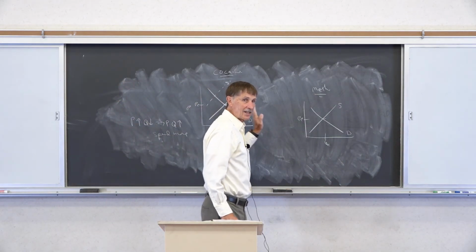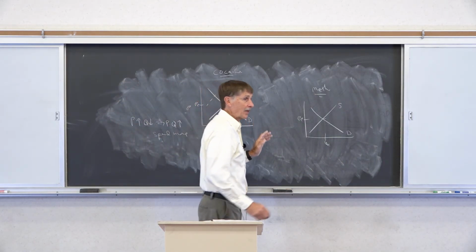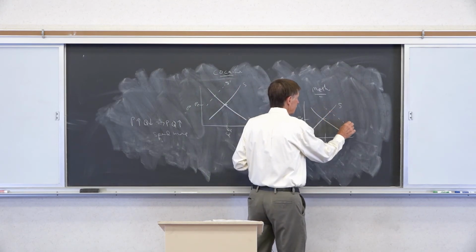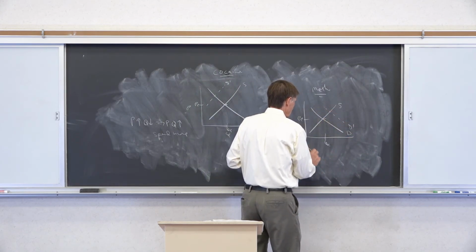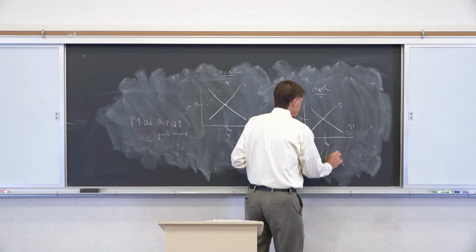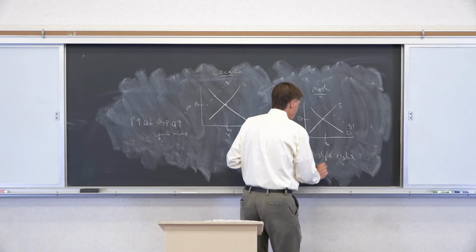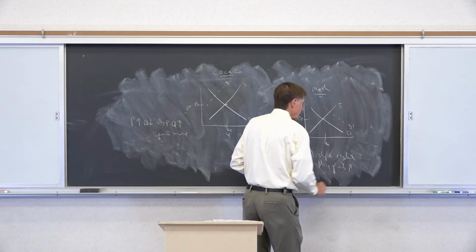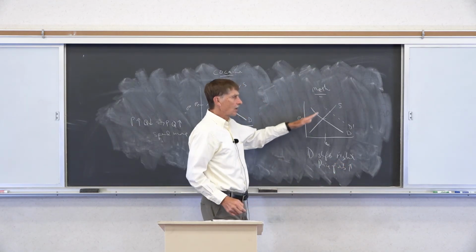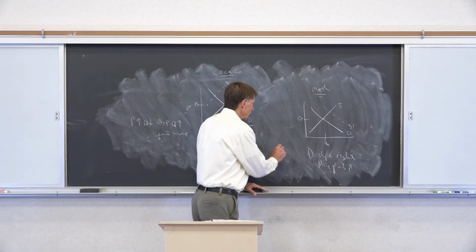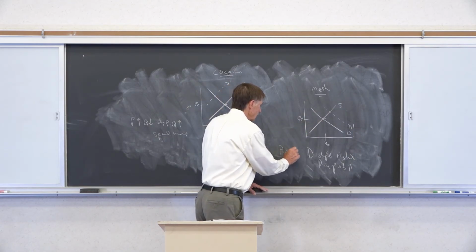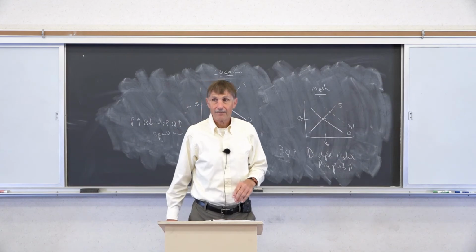I would raise the price of a substitute, and so the demand shifts right because the price of a substitute went up. And now you're moving along the supply curve, so P times Q went up.